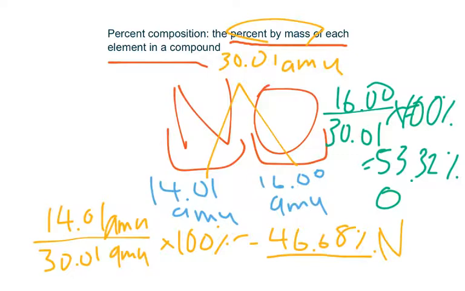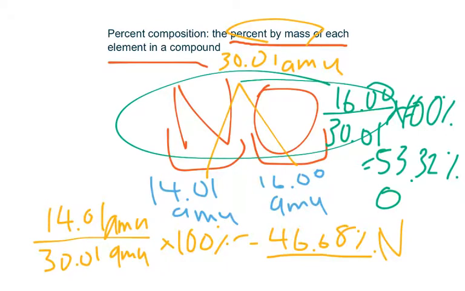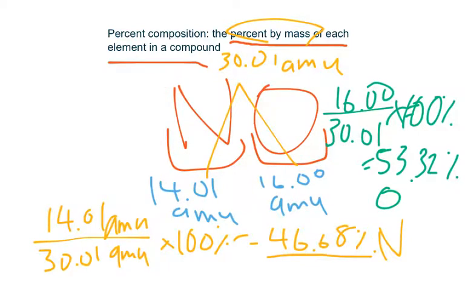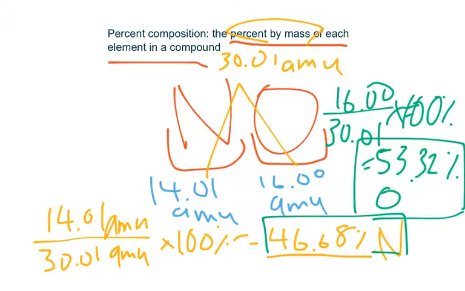So remember, this is based on the average atomic mass, meaning that on average in nature, if you take a nitrogen monoxide molecule, it will have a percent composition of this and this. But if you look at each individual nitrogen monoxide molecule, then you'll see that it is not exactly this or this.